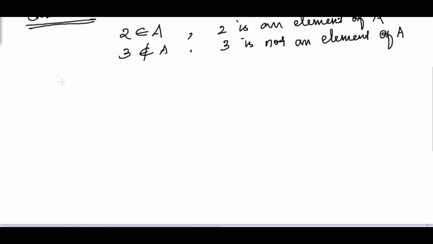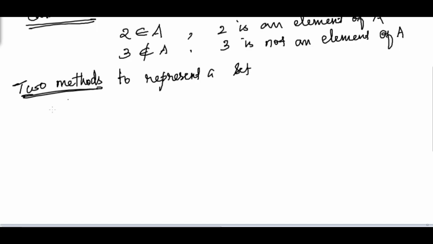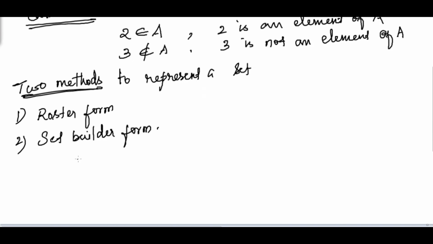Next, how to represent a set? A set can be represented in two methods. They are: first, roster form; second, set builder form. Let us take the same example.